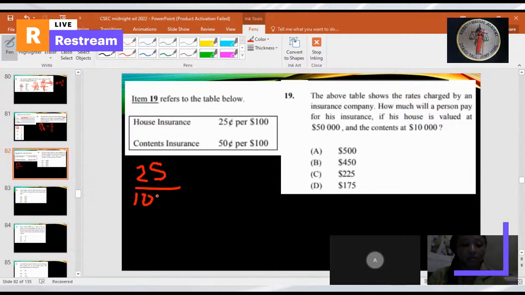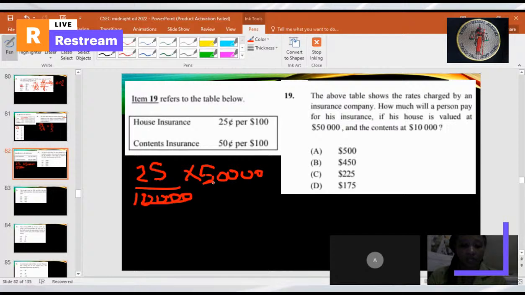So the house is 50,000 and the contents are 10,000. So for the house, this times the house, that's 50.